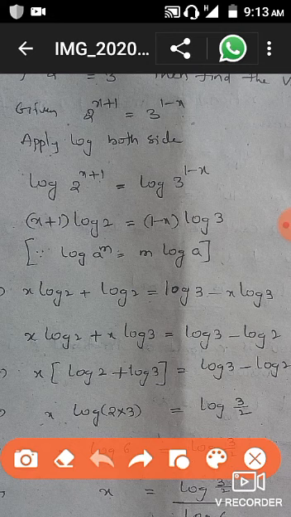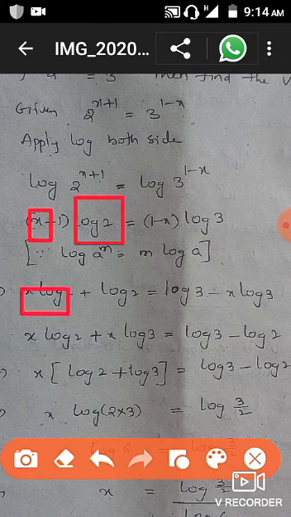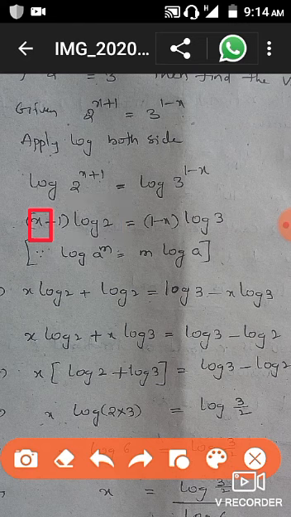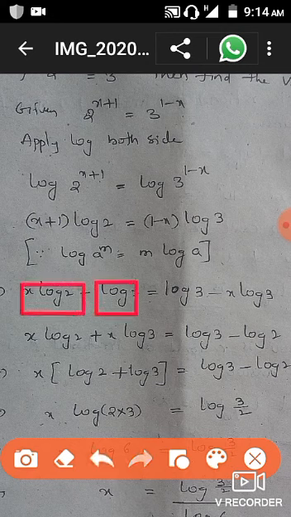First, x into log 2, that is x log 2, plus 1 into log 2, that is log 2. So log 2 multiplies with x and with 1 also, giving x log 2 plus log 2.